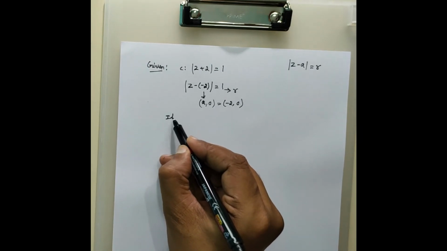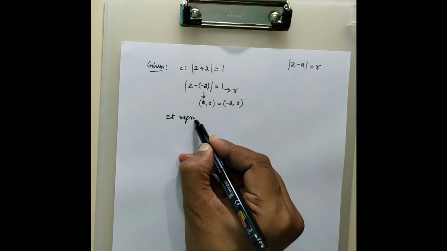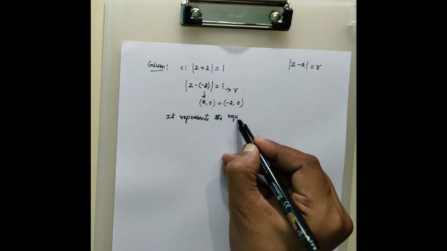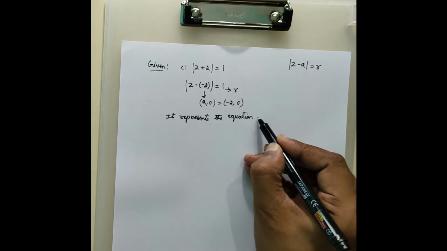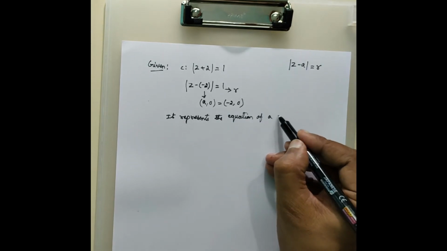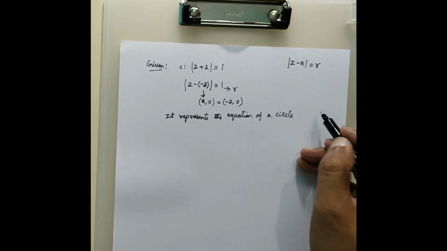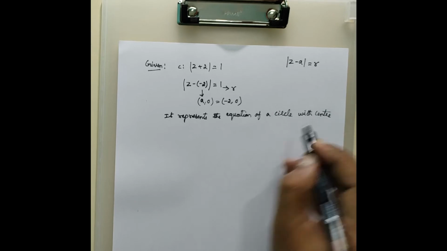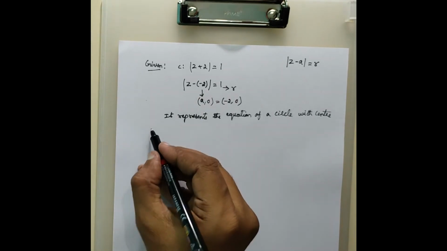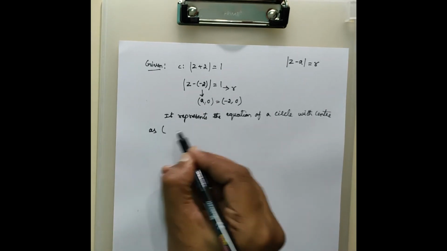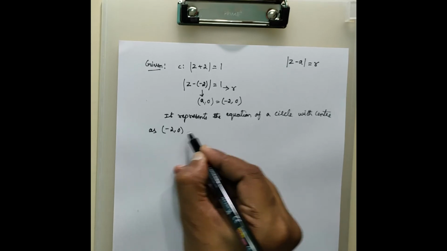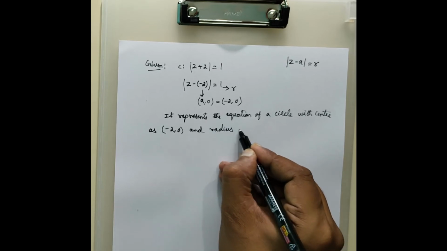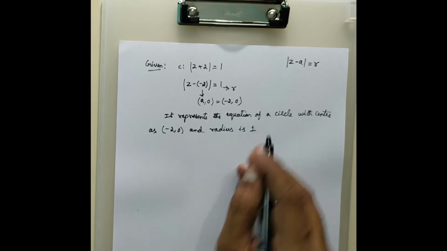So it represents the equation of a circle with center as minus 2 comma 0 and radius is 1.